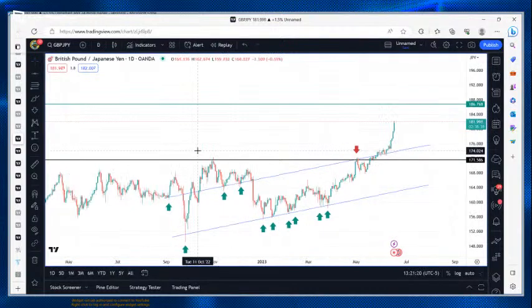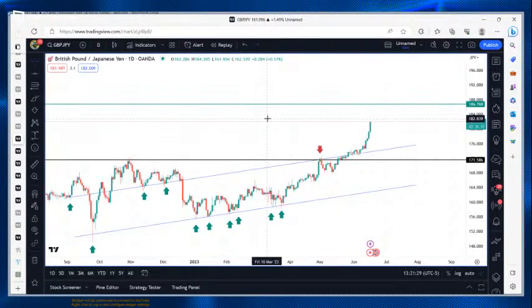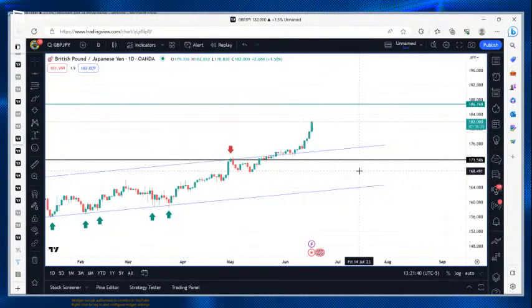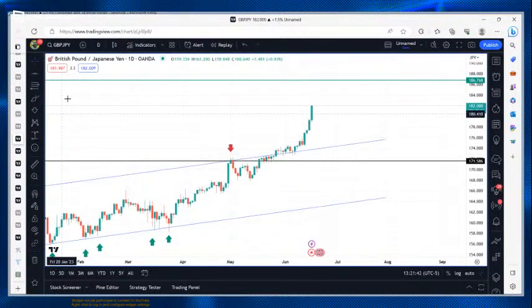This was horizontal resistance. You have resistance here, resistance there. Could this market actually come back down to this level? If it was to come back down to this level, we will be back into this channel.